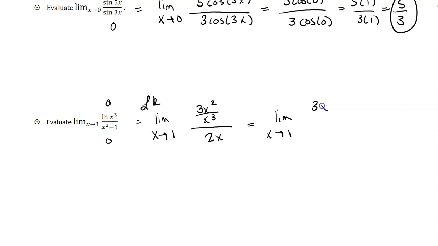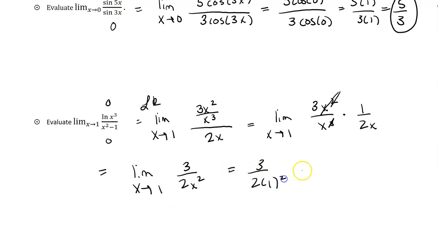And I'll have 3x squared over x cubed times 1 over 2x when I keep change flip. So this x will cancel, just leave an x here. So I've got limit as x approaches 1 of 3 over 2x squared. And now this is something I can plug into because I'm plugging in a 1. So I would have 3 over 2 times 1 squared, or 3/2.